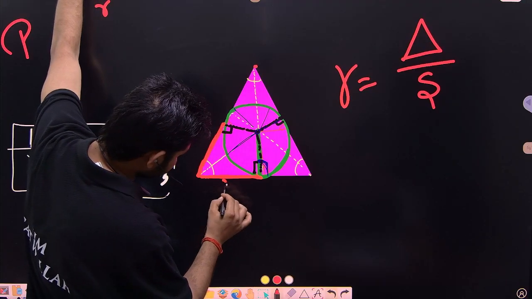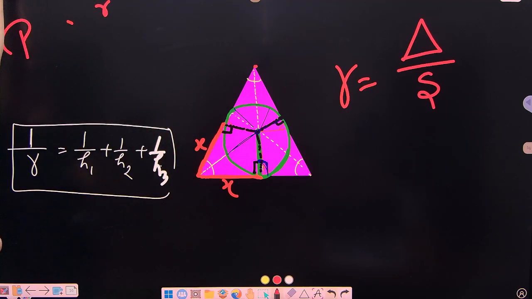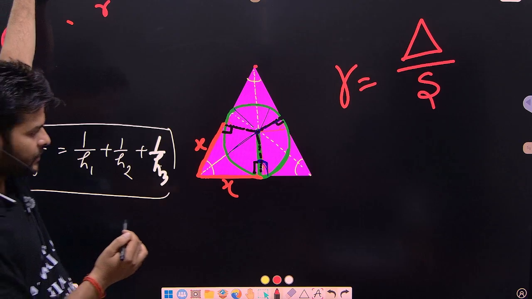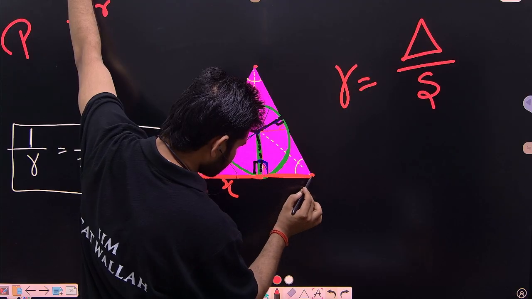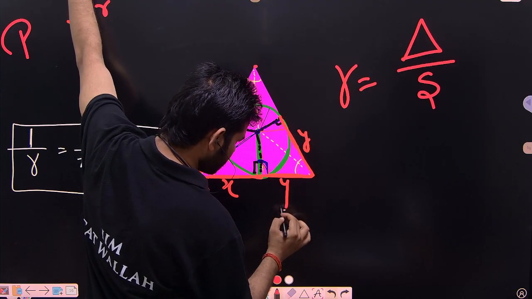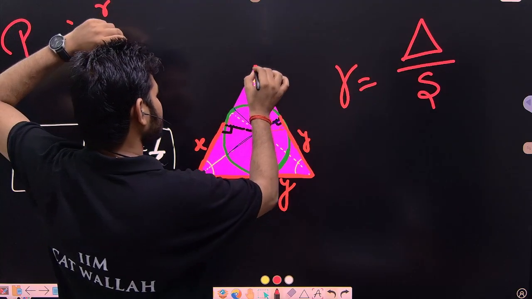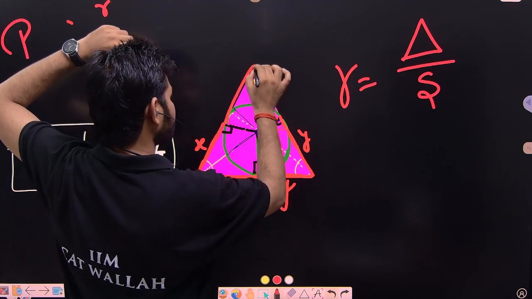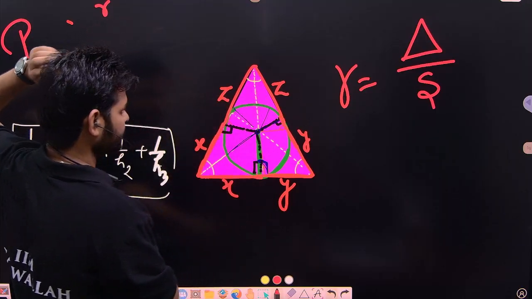That means if this is x, then this is also x. How? This is not our topic, but we have to learn. This is the fact. And from this vertex, if this one is y, then this one is also y. From this vertex, if this is z, then this is also z.